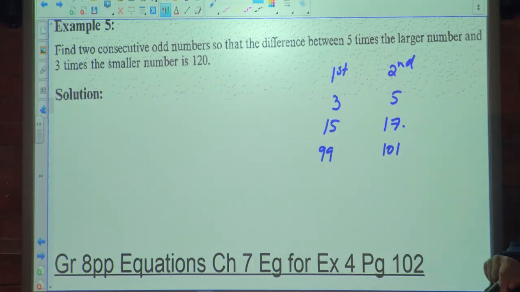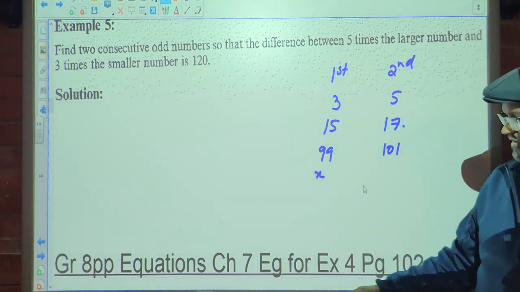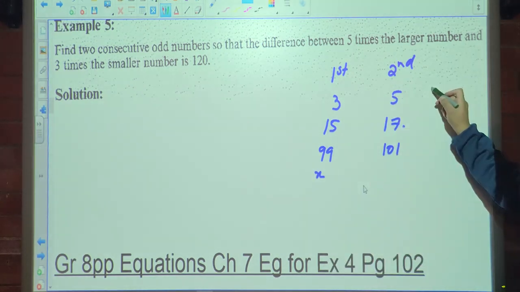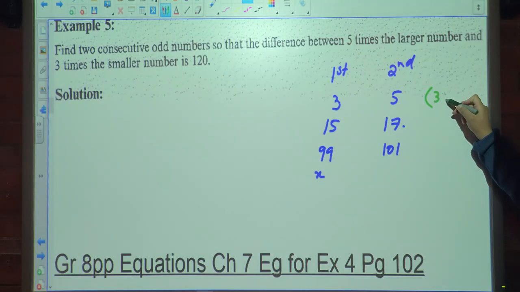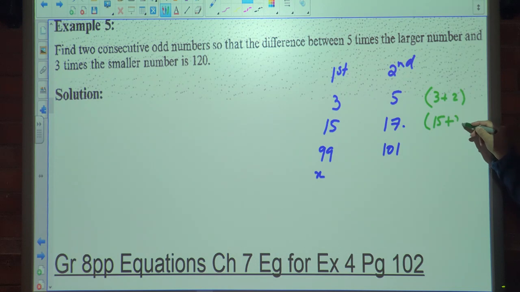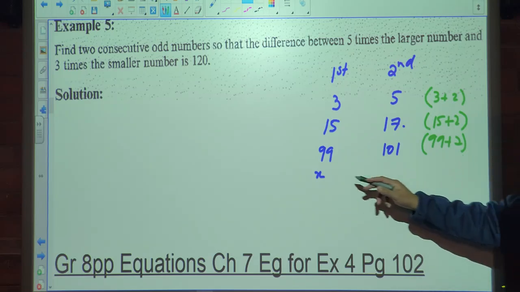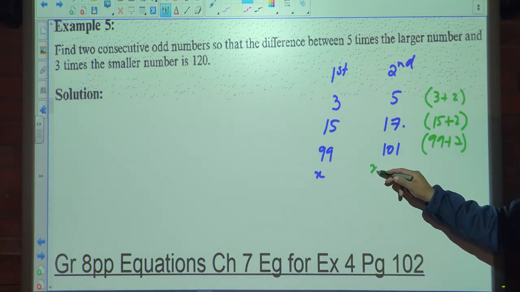So if the first number is x, let's ask ourselves again, how do I get from 3 to 5? 3 plus 2. How do I get from 15 to 17? 15 plus 2. How do I get from 99 to 101? 99 plus 2. So if I have x here, then this should be x plus 2.